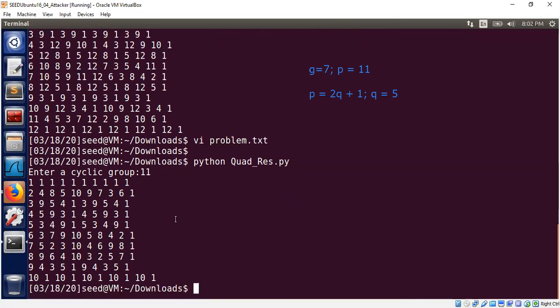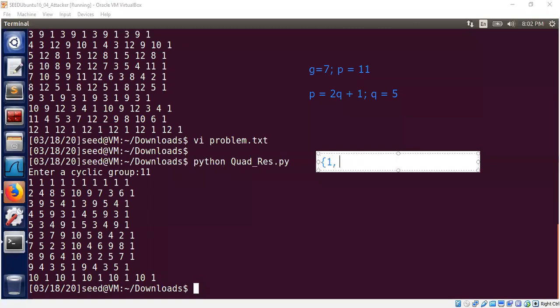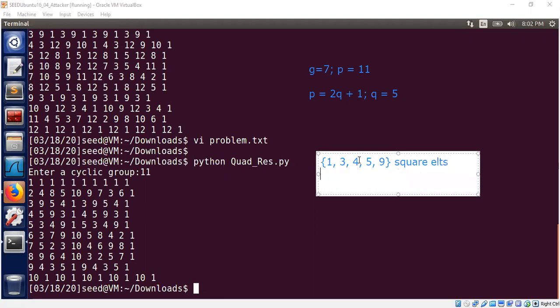That means the square numbers are 1, 3, 4, 5, and 9. Of course, there are 5 elements, and the remaining 5 elements are non-square elements. These are square elements, and the remaining others are non-square elements.